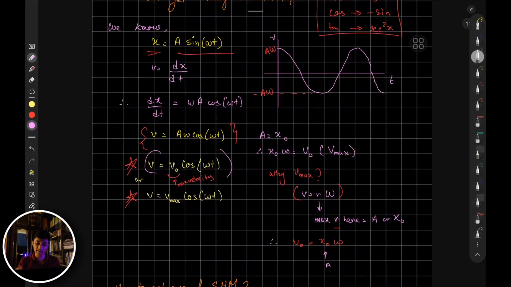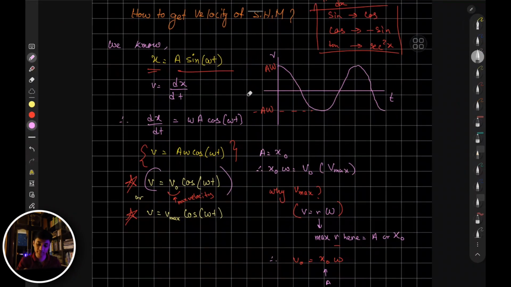So if you draw this graph, you will get the maximum Vmax, and this is not V minimum, but since in the opposite direction there is a minus sign, the Vmax is A omega over here. So A omega is the amplitude for the velocity curve. Great.